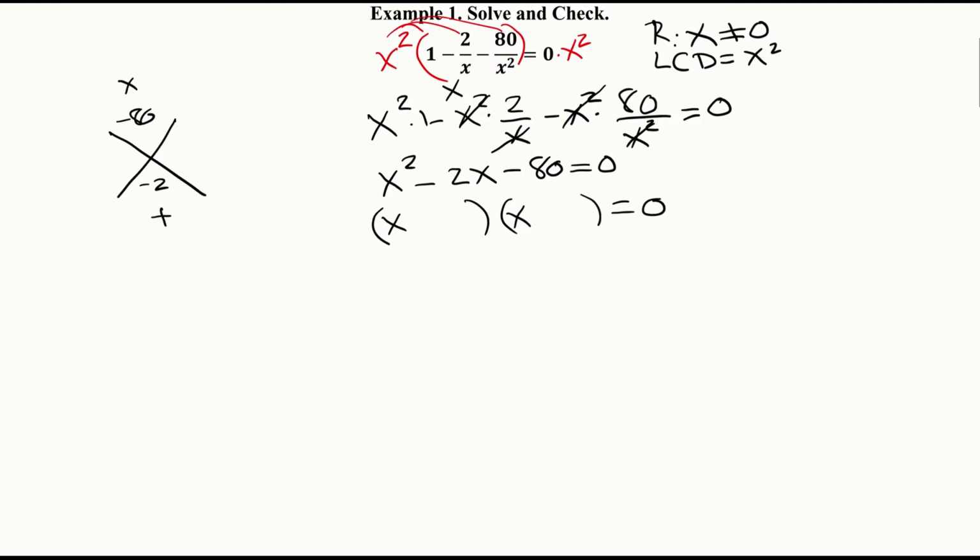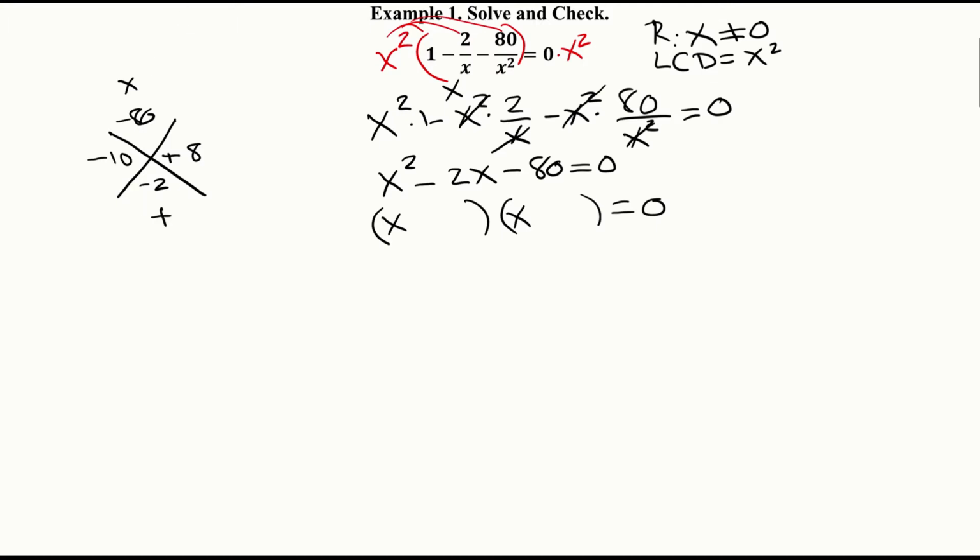And if you think about it for a little bit, you'll realize that negative 10 times positive 8 will do the trick, because as we know, the product of negative 10 and positive 8 is negative 80, and the sum is negative 2.